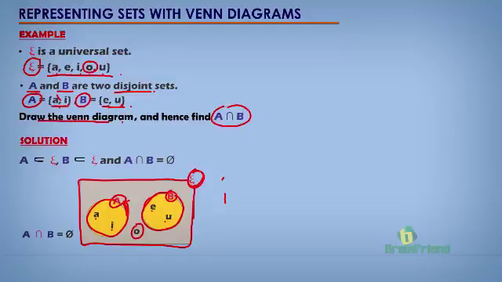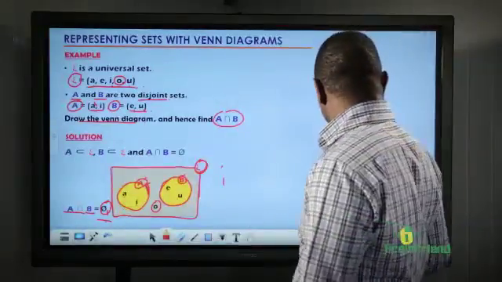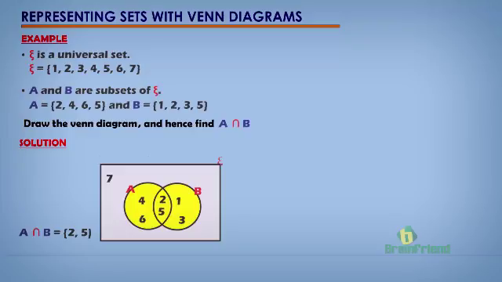Therefore, there is no intersection between set A and set B. It means that the intersection of A and B would give us a null set or an empty set. And that's our answer. Let's also take another example.